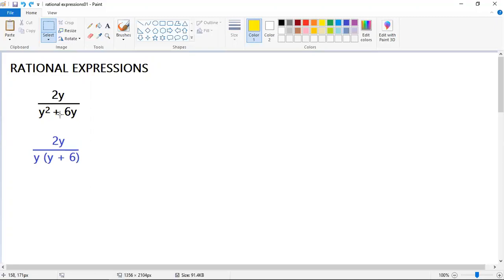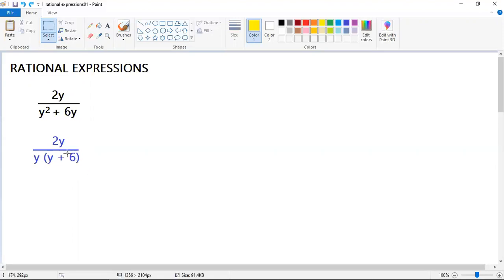But y squared plus 6y can be factored out as y times (y plus 6), because the y is common between these two terms.